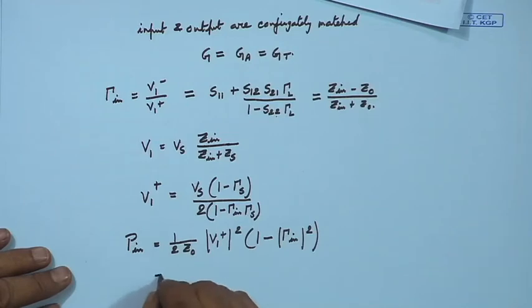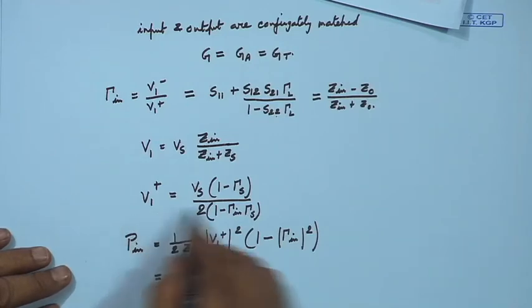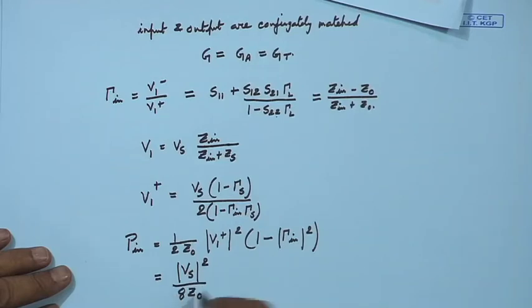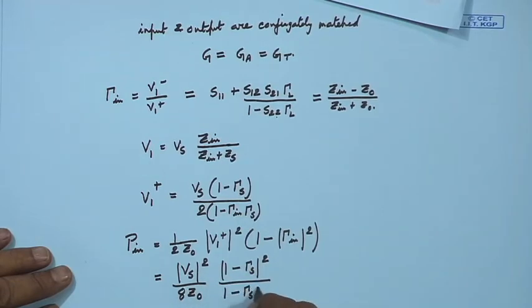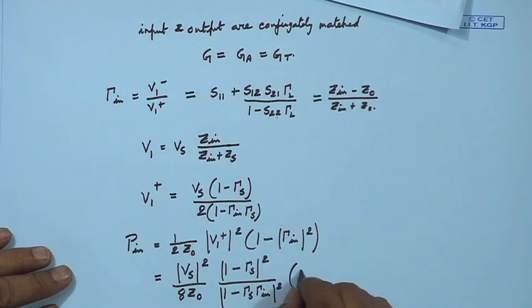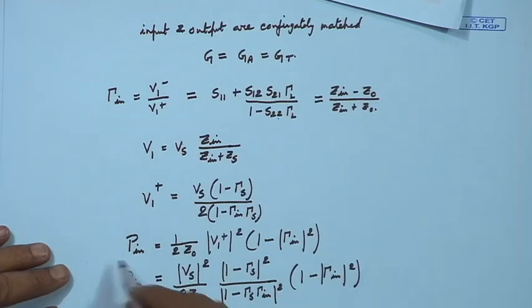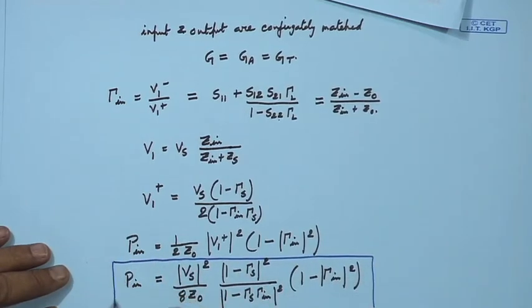So, let us relate it there, and if we put this expression of V 1 plus, we get the expression V s square by 8 Z naught, 1 minus gamma s square by 1 minus gamma s gamma in square, into 1 minus gamma in square. So, this is an important relation.